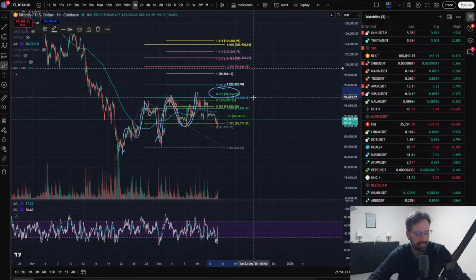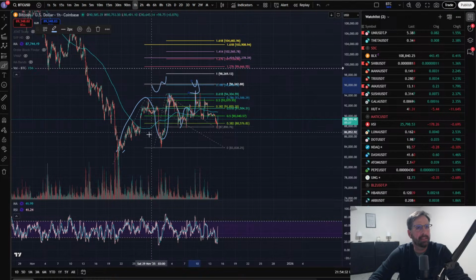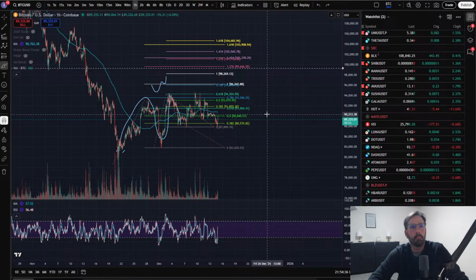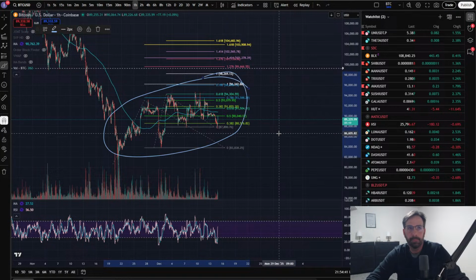It doesn't even come to the 786. So that's my problem with that. So it's not proportional. Then if you try to break it up like this and say, okay, there's your W and this is your X and this is Y, your Y is in no way, shape, or form proportional to the W wave. So my take on this is that this is not finished. That's my take.